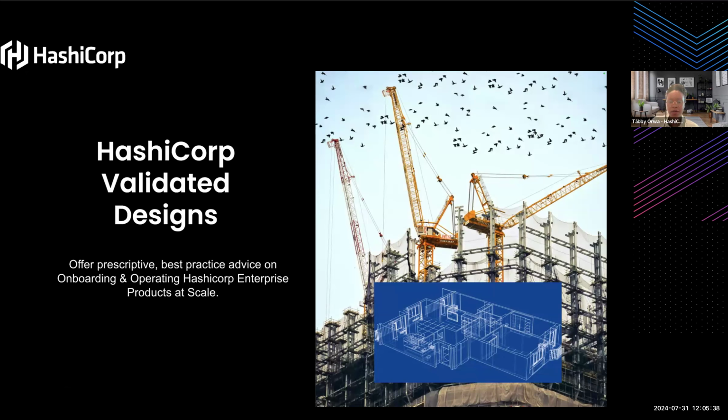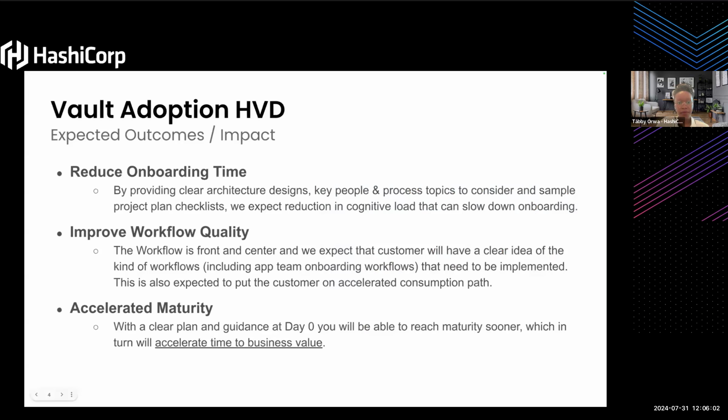Apologies, sorry. So the HashiCorp Validated Design offers our practitioners opinionated guidance for achieving production-grade deployments of Vault, right? And these designs are purpose-built for delivering foundational Vault use cases with a baseline level of architectural and operational maturity. Now, we expect that these assets that we provide to you via the HVD will help you reduce your onboarding time by eliminating that confusion and reducing that cognitive load around architectural and process topics.